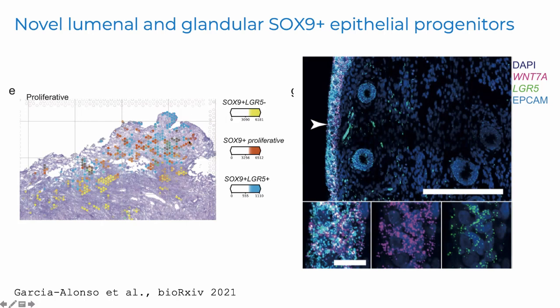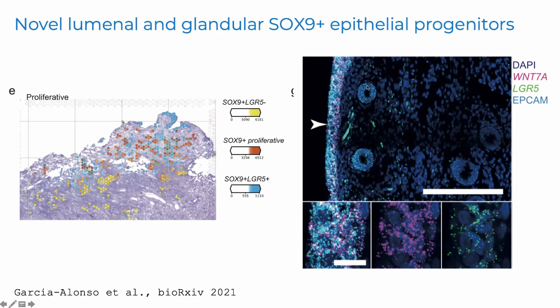What we can nicely see is that the LGR5 positive populations are on the lumen, while the LGR5 negative populations are in the basal layer, and we suspect that these luminal ones are giving rise to the populations in the lumen, while these others will be more the ones in the glands. And we have also validated this using high resolution microscopy.